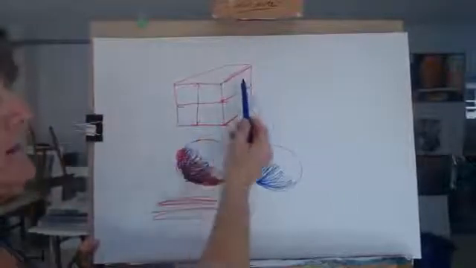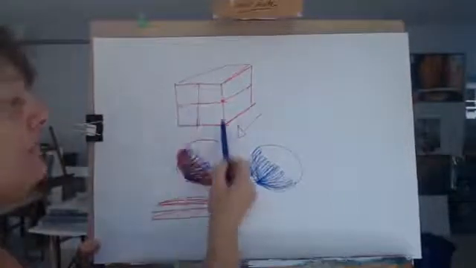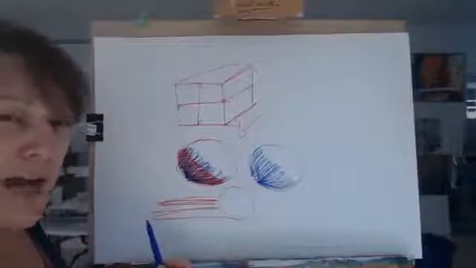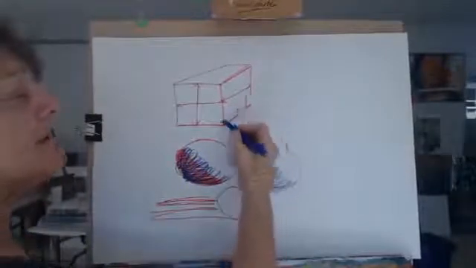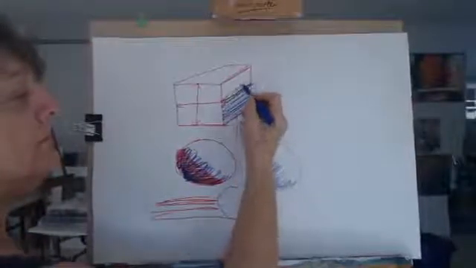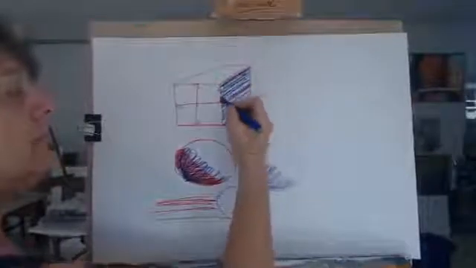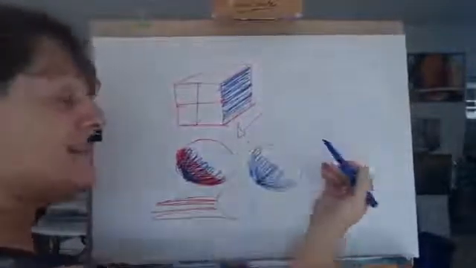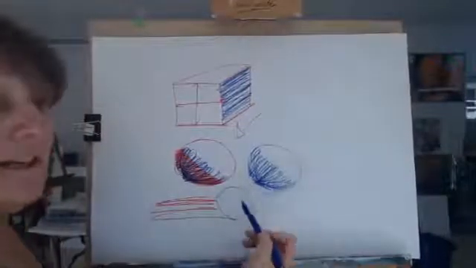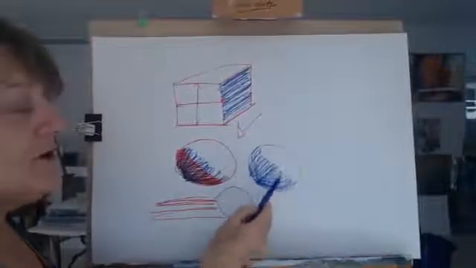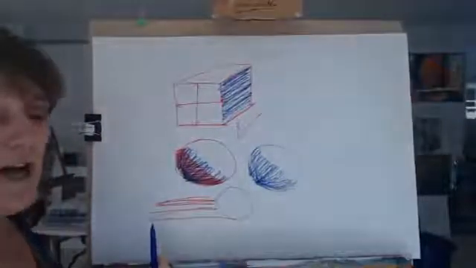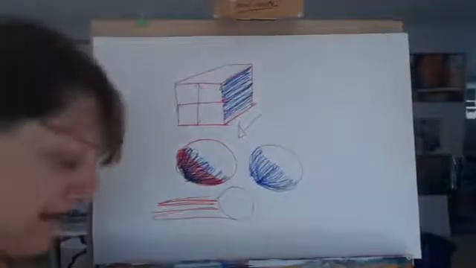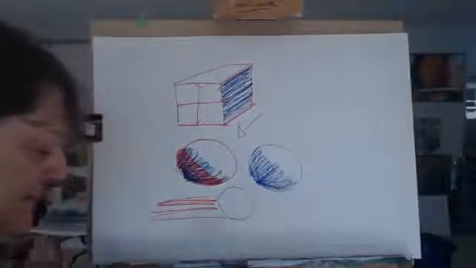So it's easier when we have a rectangular shape to turn that into a form, because we can actually depict the side wall. But when we have something like this, we actually can't see the sides. But by shading it like that, we're now getting the impression that this is the top of the sphere and it is going round to the side.